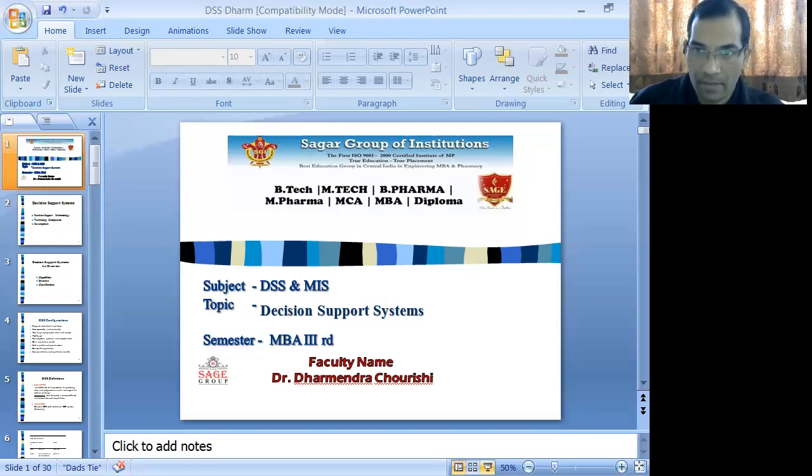Configuration: we'll talk about DSS. It supports individuals and teams, so as I said, for different levels. It could be useful for an individual or for a particular complete team. It can be used repeatedly and constantly. When we use a computer, we can use data anytime, many times, continuously.